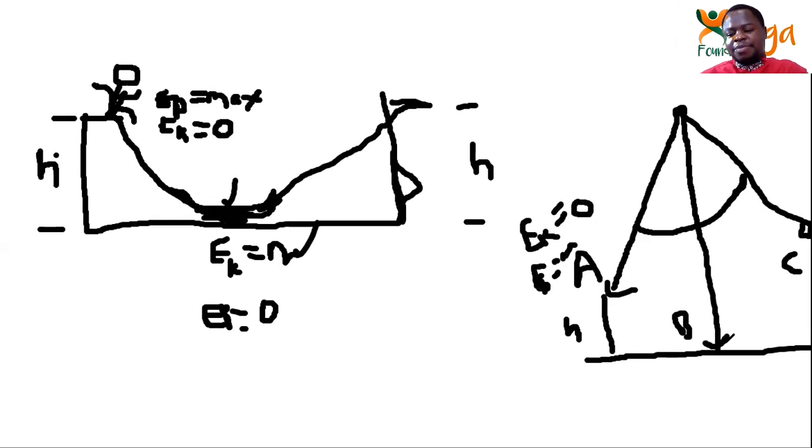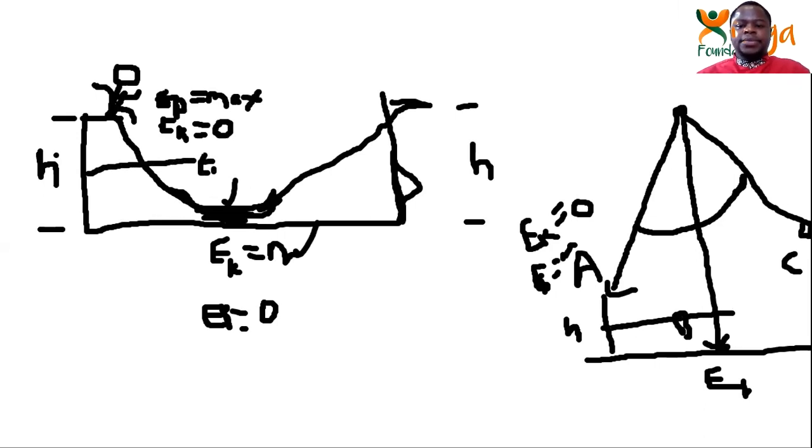But at the bottom, you don't have height, so your EK is maximum and your EP is 0. When it is halfway, your EP and your EK are equal, meaning the potential energy and the kinetic energy are equal.